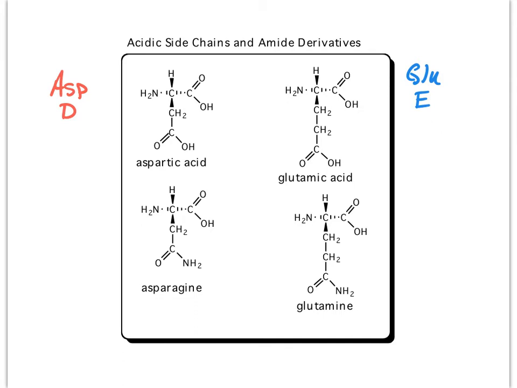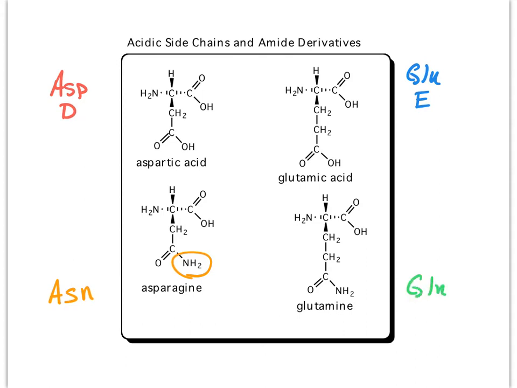Now, for asparagine, we go Asn, instead of going P, right, that's been used. So we go N, to say that that nitrogen is in there. And for glutamine, we go Gln.